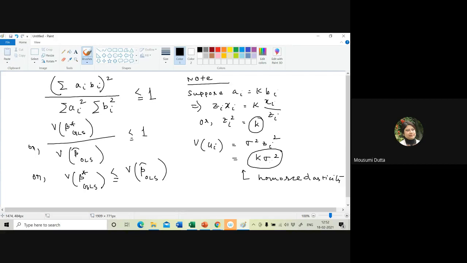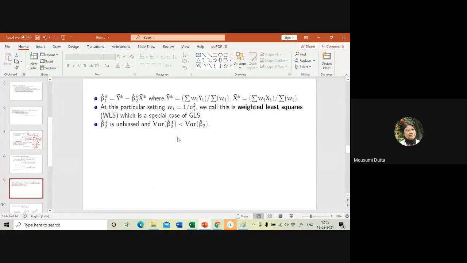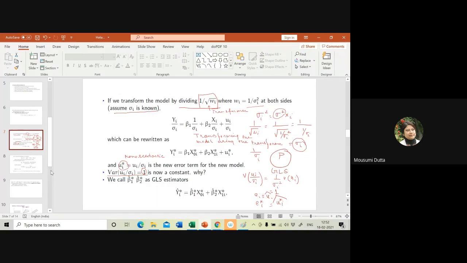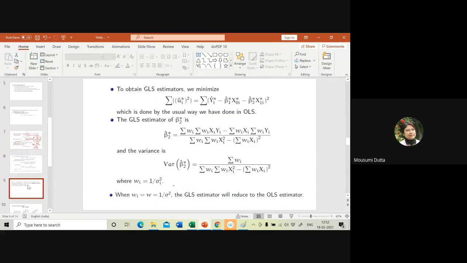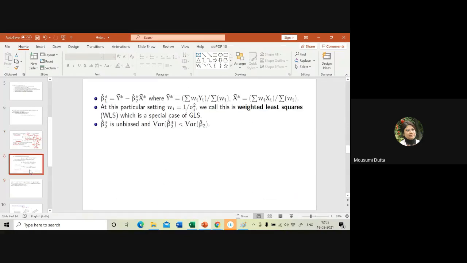Okay. So this is the second part, how we will derive the estimated value, etc. Already I presented this model, this transformation, and I gave you several homework. So find out these estimated values, etc., and following the same rule as I discussed now, you check whether variance of beta hat star is less than variance of beta hat.